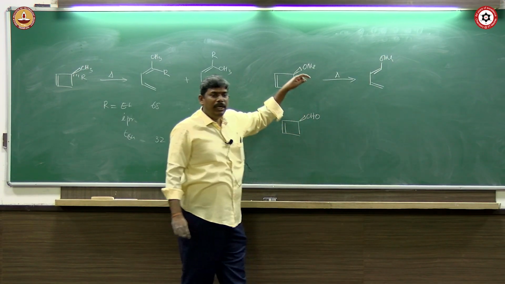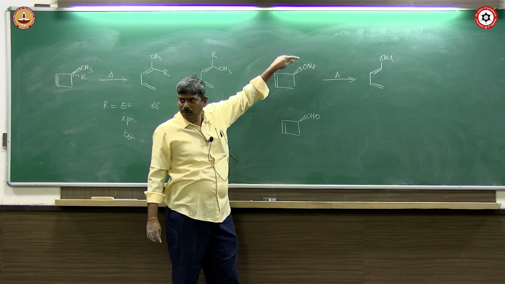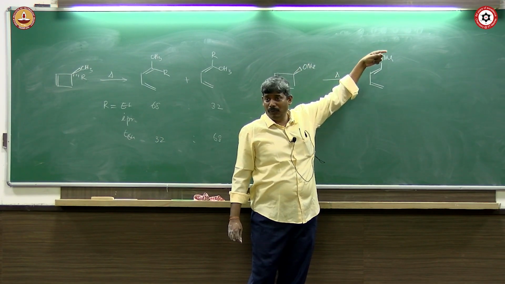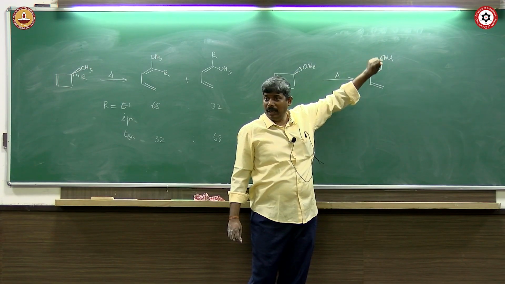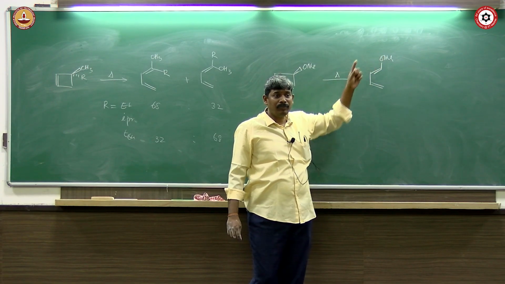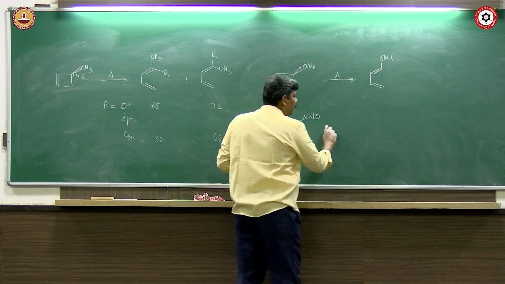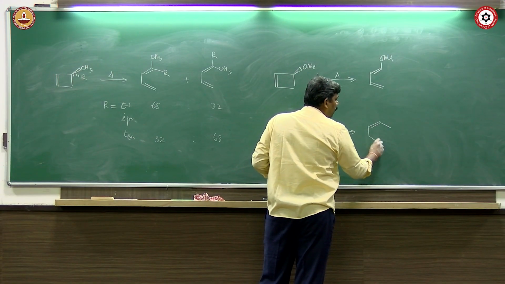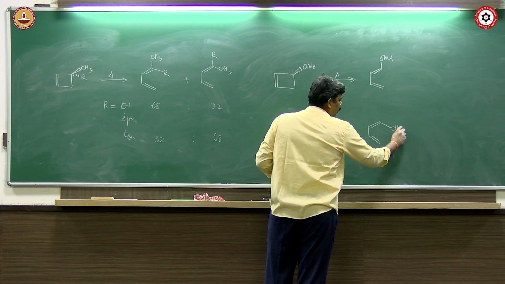So a mesomeric electron donating group prefers to move outwards. Okay, outward movement is preferred. When you go for an electron withdrawing group of this type, inward movement is preferred.